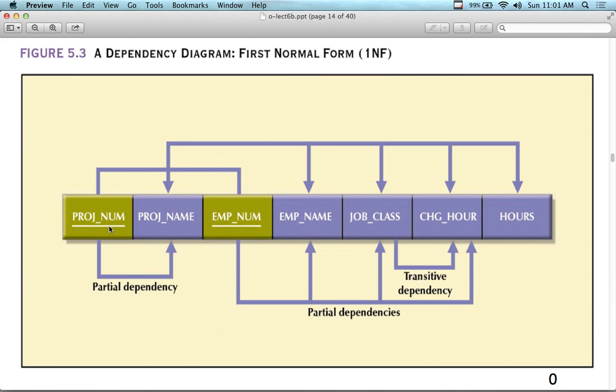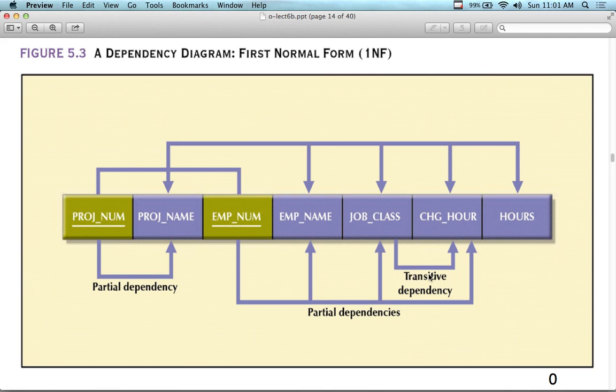Well, if the number was a key, then the name would be required to be the same, and we'd pull the name from the number. So one would determine the other instead of a free-flowing partial kind of thing. Then we have the employee project number with employee number. Employee number has a partial dependency with the employee name, employee job code, and charged hour.